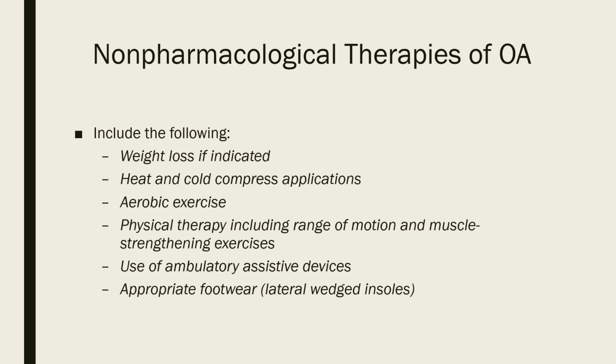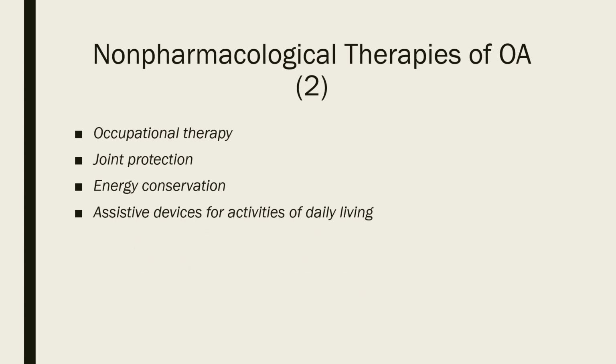And this may include lateral wedged insoles. Occupational therapy can be employed, joint protection. We will talk to them about energy conservation and educate them on assistive devices for activities of daily living.